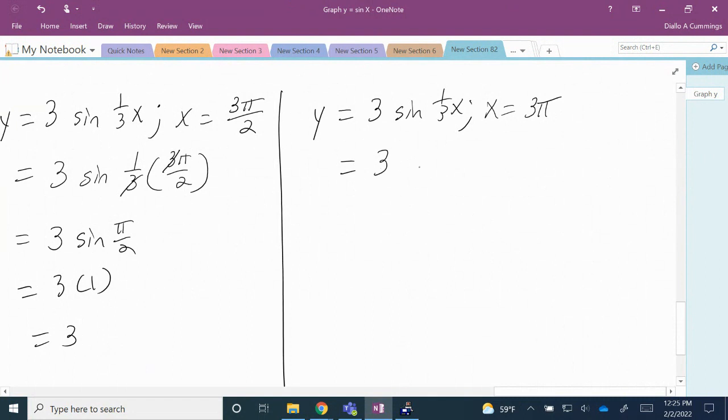So we have 3 times the sine of 1/3 times 3 pi.